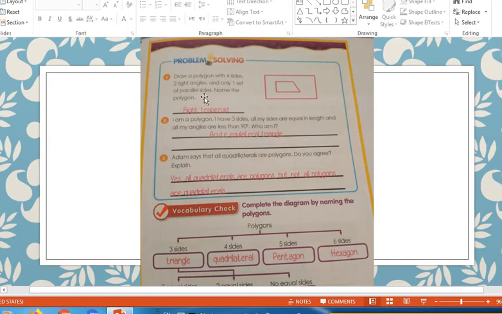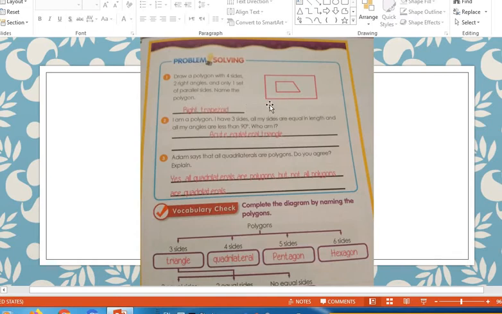Moving to problem solving. Draw a polygon with four sides, two right angles, and only one set of parallel sides. Name the polygon.